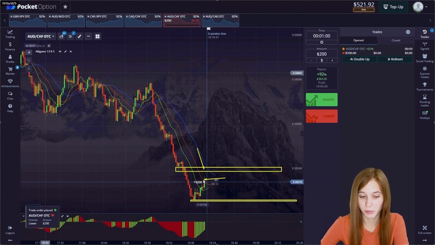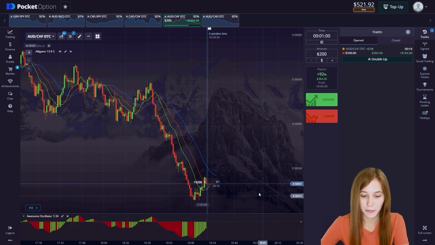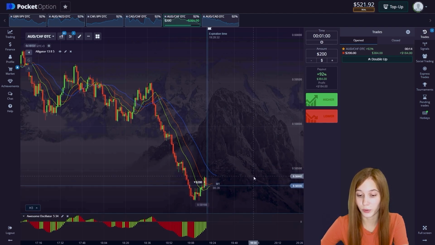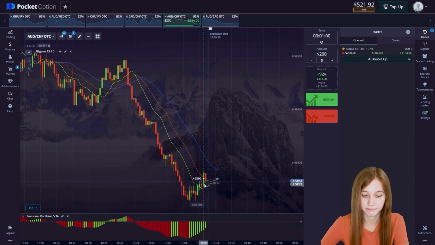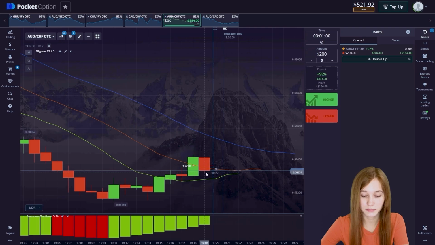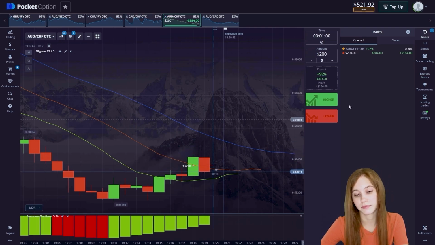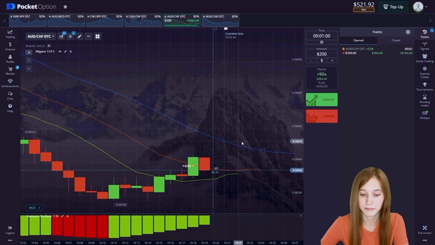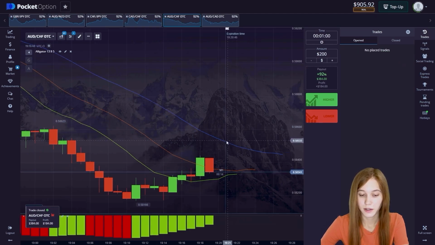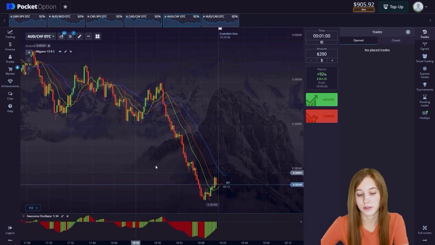Shadow at the top of this candle. Some drawdown is below the point, our opening point. Three seconds. And yeah, good. Last deal. More than $900 on my balance. Good.